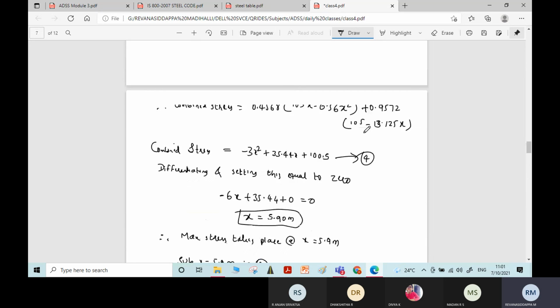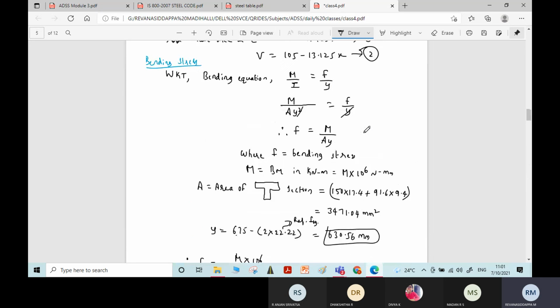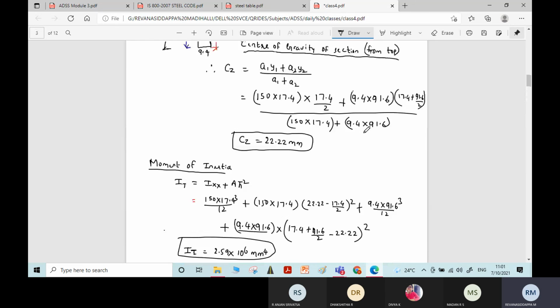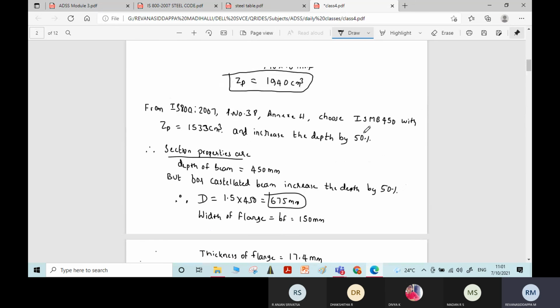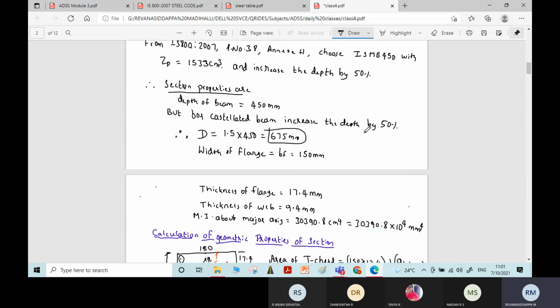In the properties, I think I have written it. 30,390, correct?